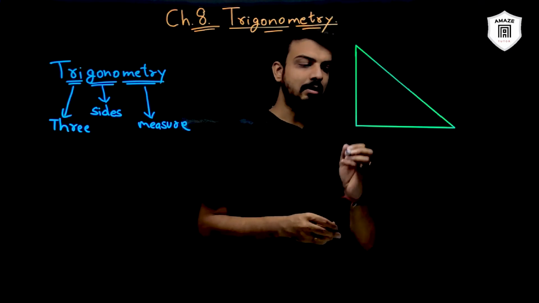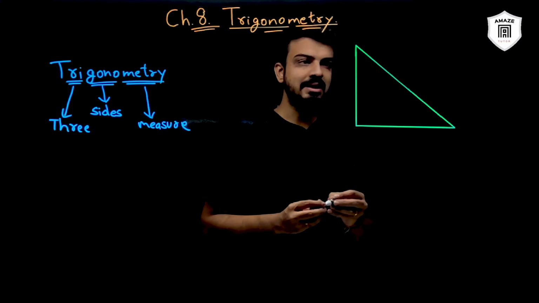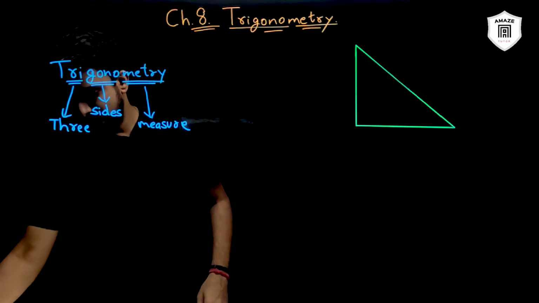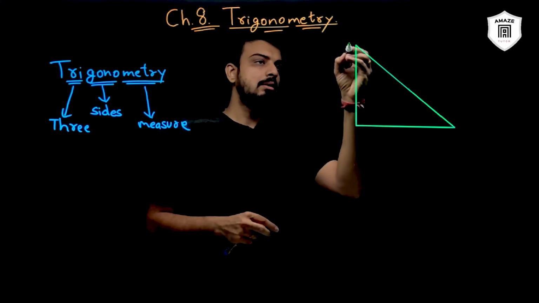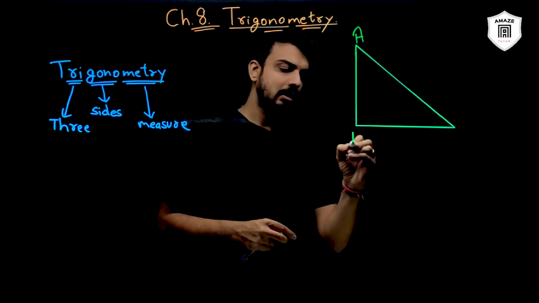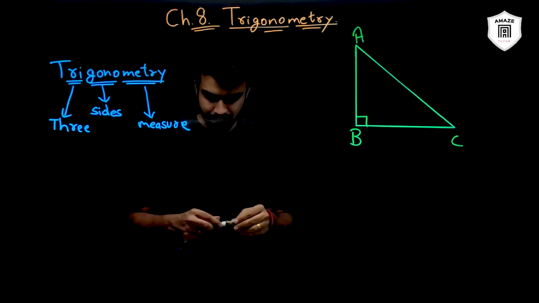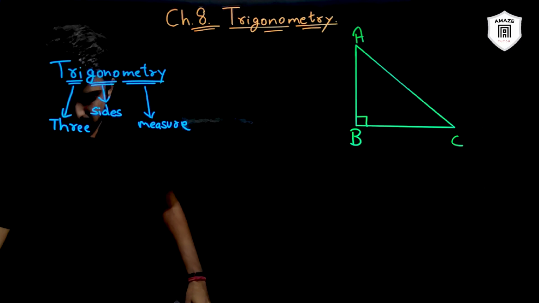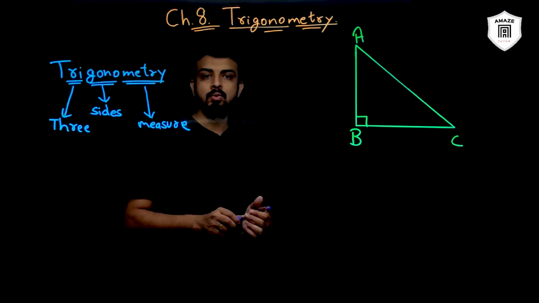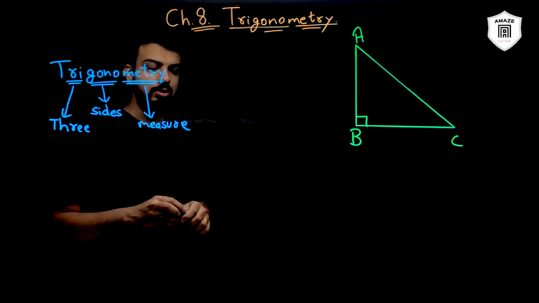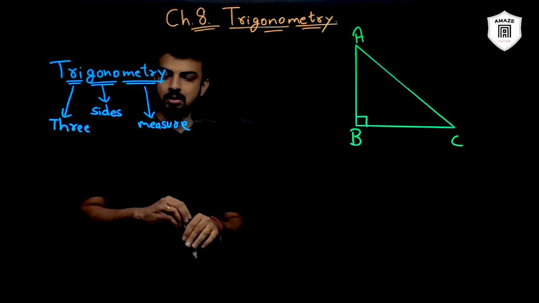Now let's come to one of the right angle triangles. Here a right angle triangle is given. Let's take this triangle as triangle ABC, right angled at B. Now I'm going to introduce you to trigonometric ratios.